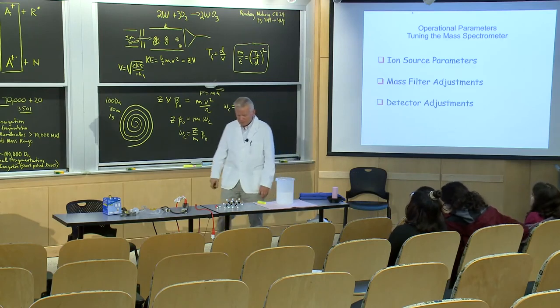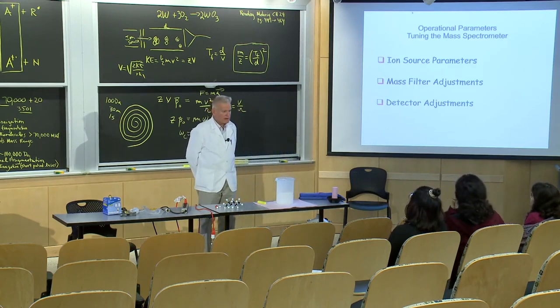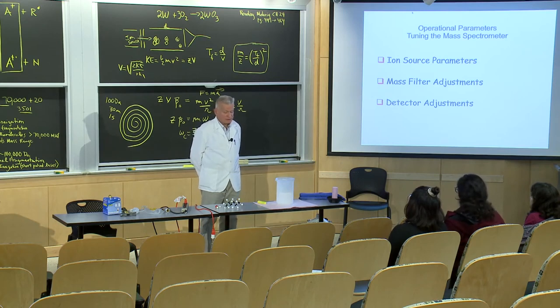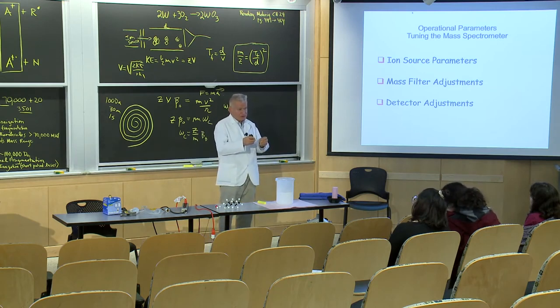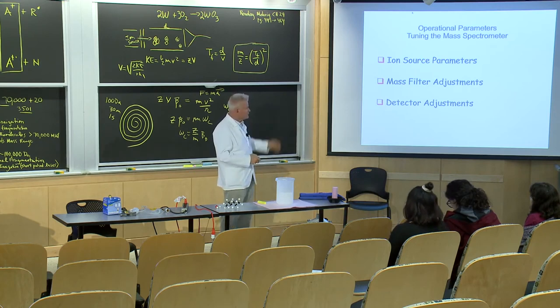So a couple things before you actually come in the lab and do the lab, we have to actually tune the mass spectrometer up, because mass spectrometers have an internal mass scale that can actually go off kilter. And so we've got to make sure that every mass is where it's supposed to be.